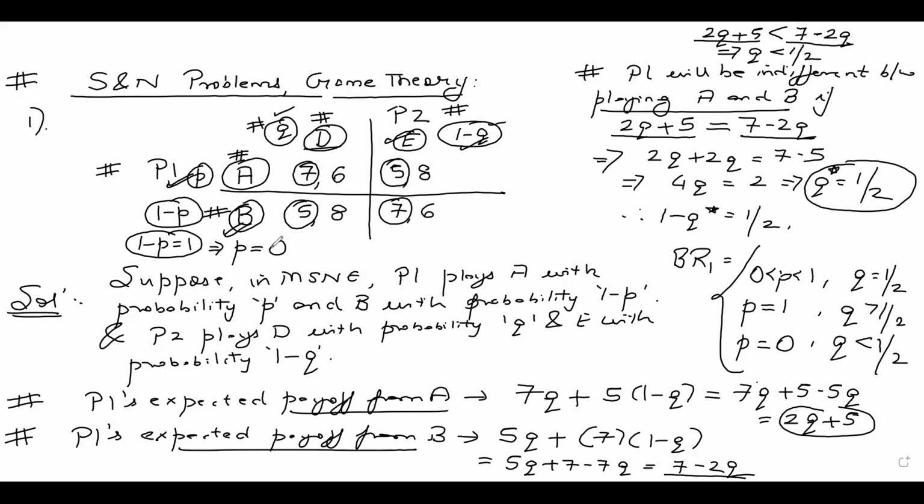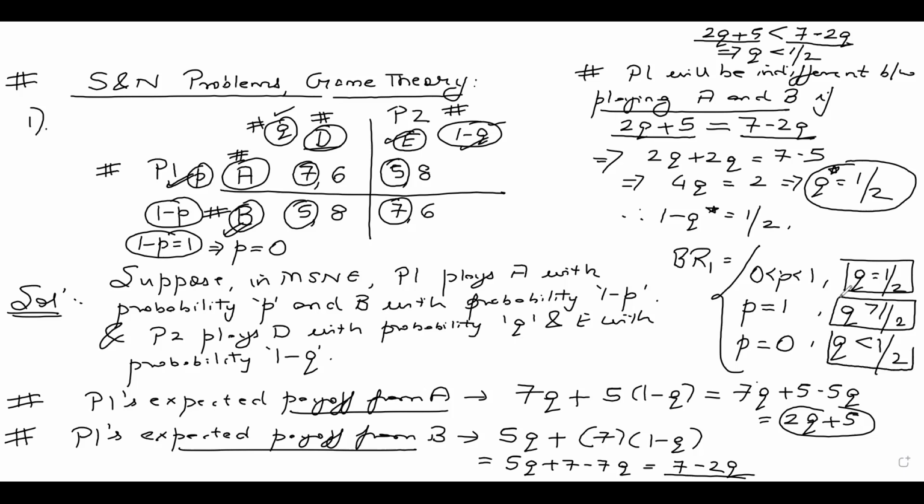So hoping all students have understood this. When Q is exactly equal to half, player one is indifferent between playing A and B. So P lies between 0 and 1. It means he is going to play A with some probability and B with some probability. When Q is more than half, player one's expected payoff from A is more than B. So player one is only going to play A, which means P is equal to 1.